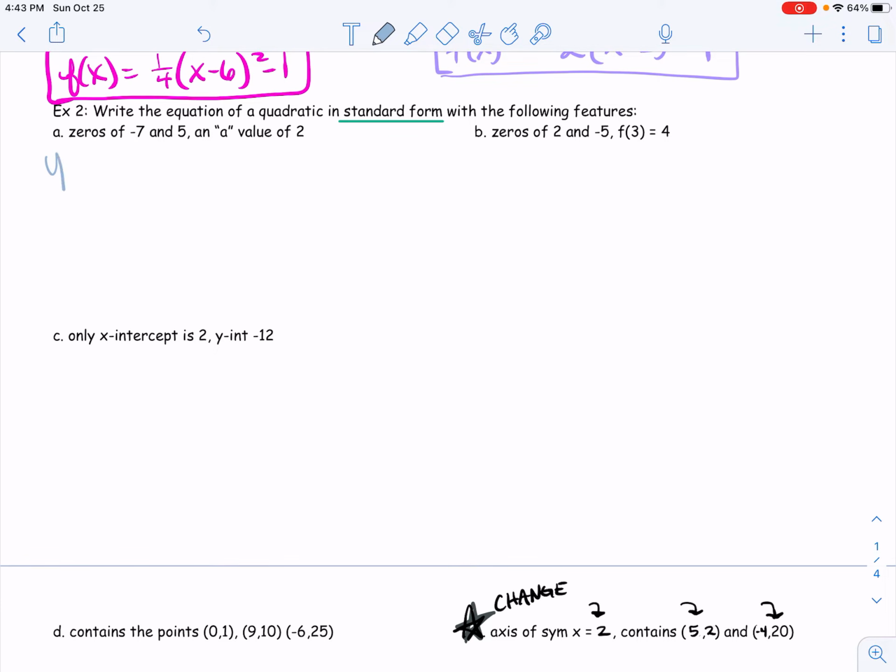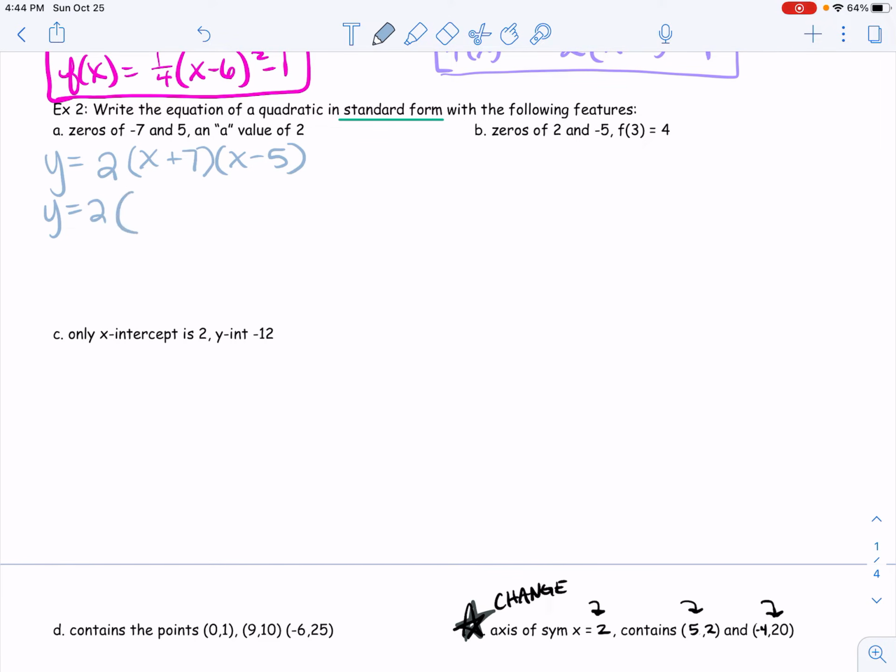So let's write it out. An a value of 2, a zero of negative 7, so minus a negative 7 is plus 7, and a positive 5. So I can multiply or FOIL, multiplying your binomials or foiling or box method, whatever you use.